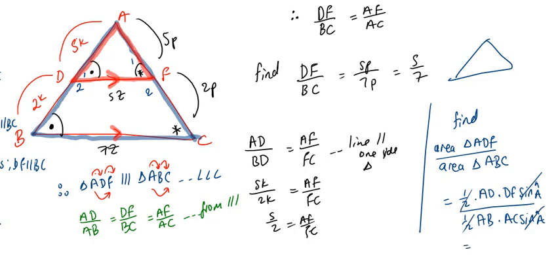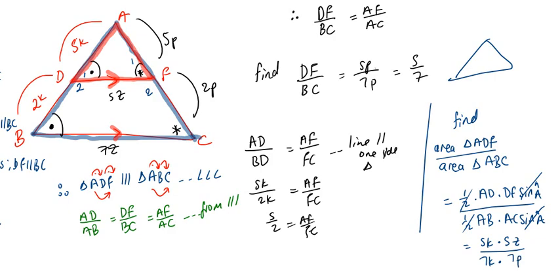Now what is AD? AD is 5K. What is DF? DF is 5Z. You see, you needed DF. You can't do this question without finding that 5Z. What is AB again? AB is 7K. Then what is AC? AC is 7P.